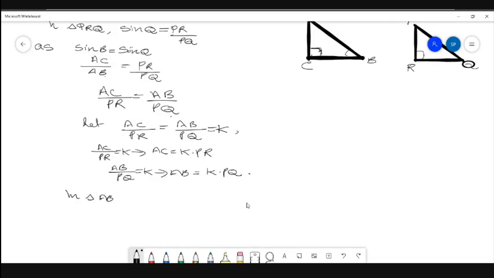That is, in triangle ABC, we have BC square equal to AB square minus AC square.